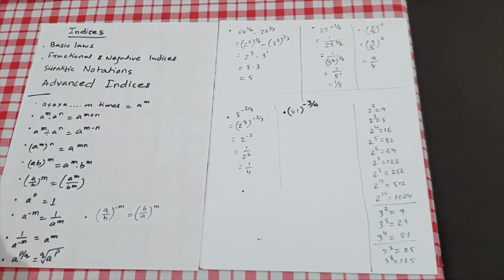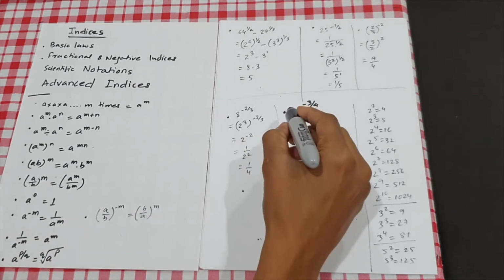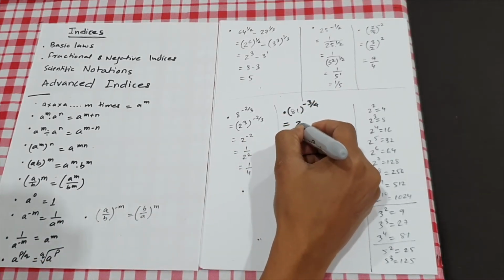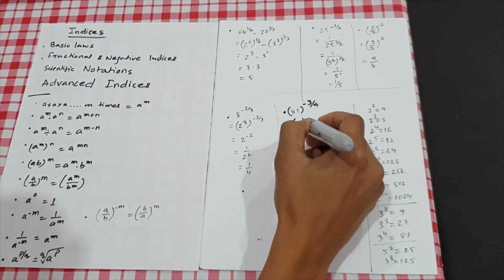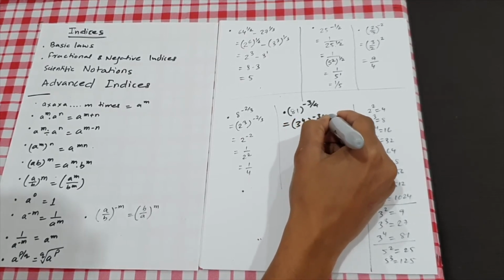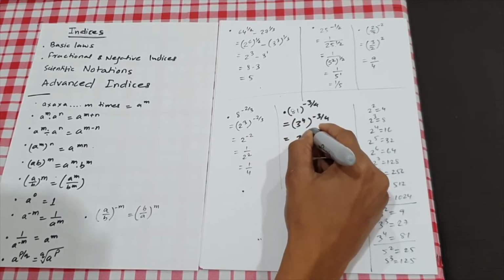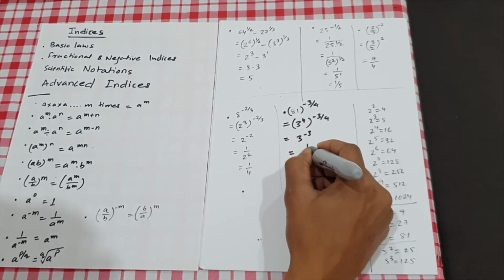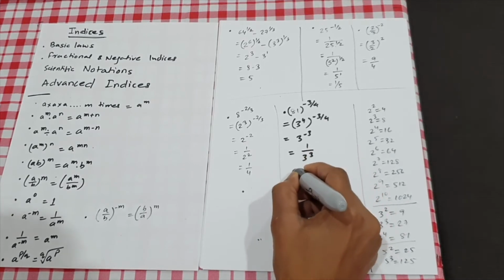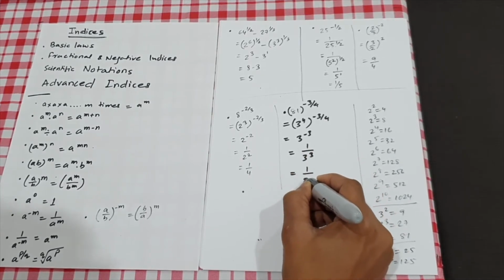Now remember, 81 should strike us as 3 to the power 4. And then you use minus 3 by 4 here. So 4 gets cancelled, 3 to the power minus 3. We do this, and this is 1 by 27. That's our answer.